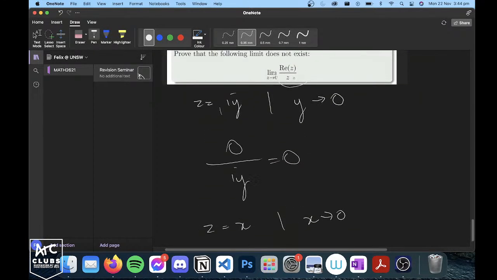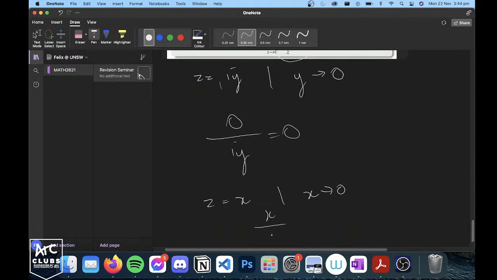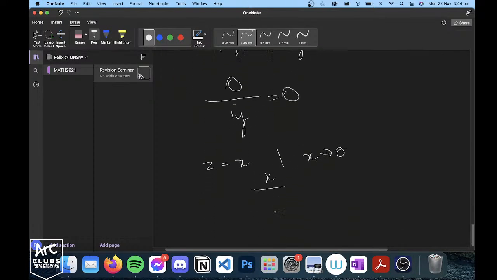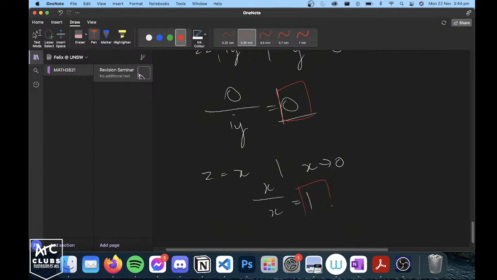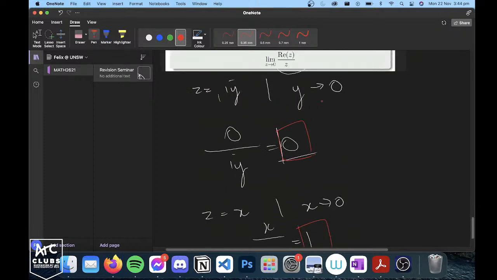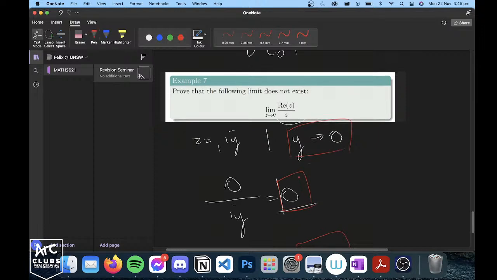Well, you get the real part, which is x, over z, which is just x, which equals 1. And so because these are two different values for the same limit, well, not really the same limit, but they both approach 0, that means the limit doesn't exist. And so that's the main method you're going to be using to tell if a limit exists.